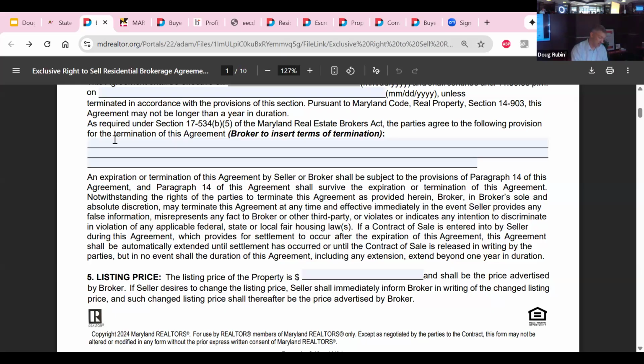So honestly, I'll even give you some language that I use. I say unilateral termination with 3 days written notice. But I like to have something about unless you are already under contract. That would be crappy and kind of confusing if you're under contract and they can fire you.